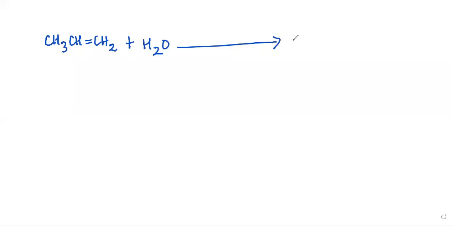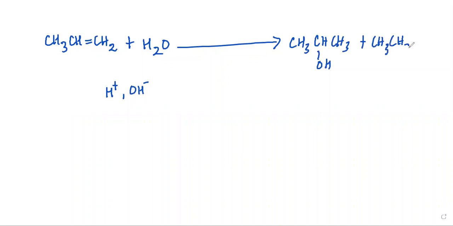So my dear students, we can come to know that water has got two parts. One is H plus, another is OH minus. So H plus and OH minus can be bonded to these two carbons which are bonded to each other. So we may get CH3CH(OH)CH3, or we may get CH3CH2CH2OH.